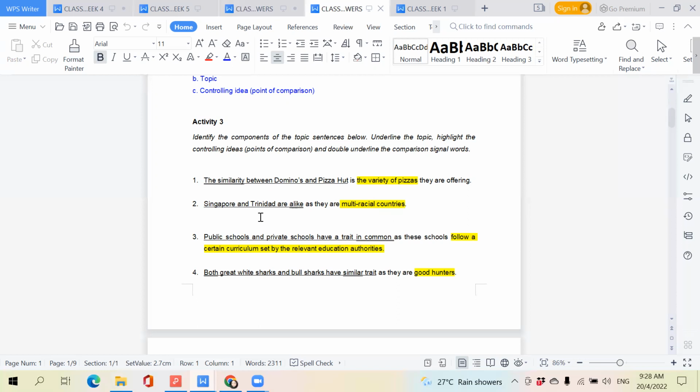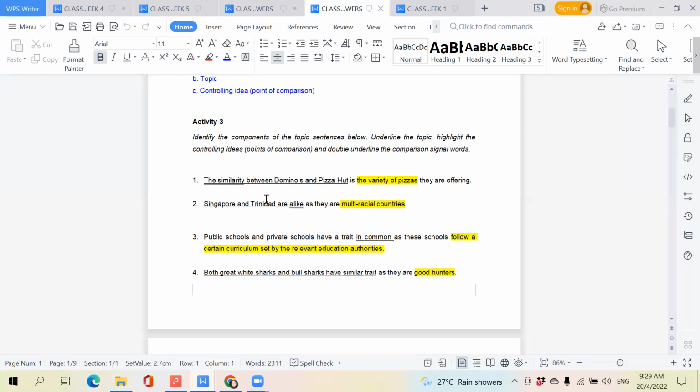So again, you have the topic. Topic ni samalah macam dia punya subjects, right? So this is your topic, Singapore and Trinidad. And the comparison signal word is alike. Alike, samalah maksud dia macam similarity, similar, same, share.